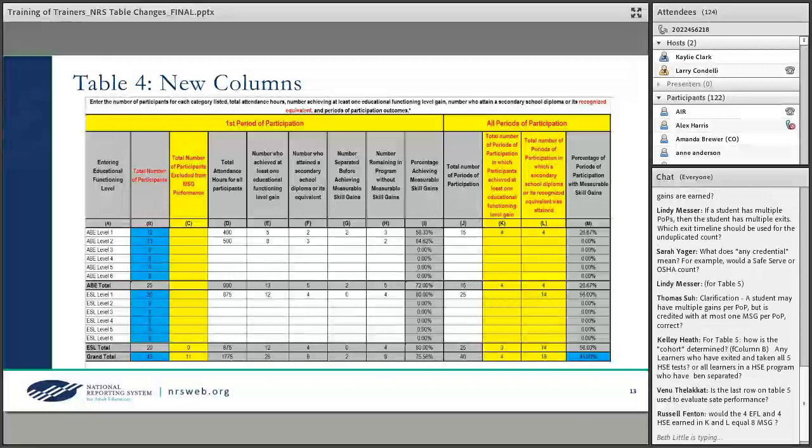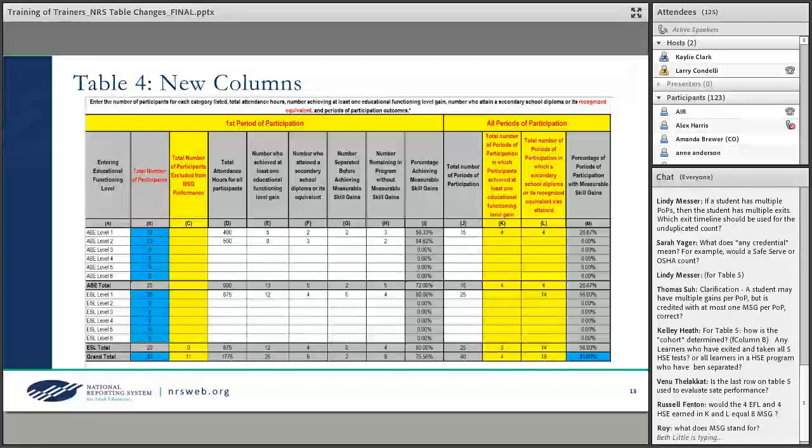Yeah, Jay, go ahead. And Venu asked a question earlier about column M, and he wasn't really understanding that, and I can see now why that was a little confusing, because of the percentage that's calculated in column M. We have the instructions for how column M is calculated in the technical assistance guide under Table 4.